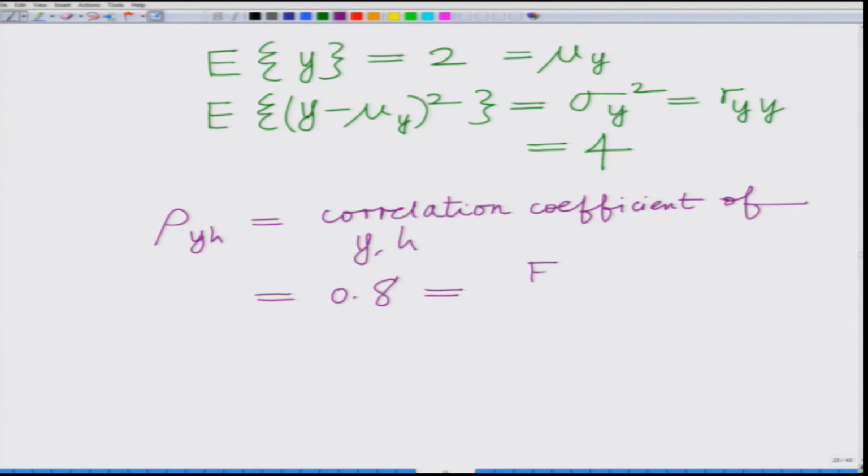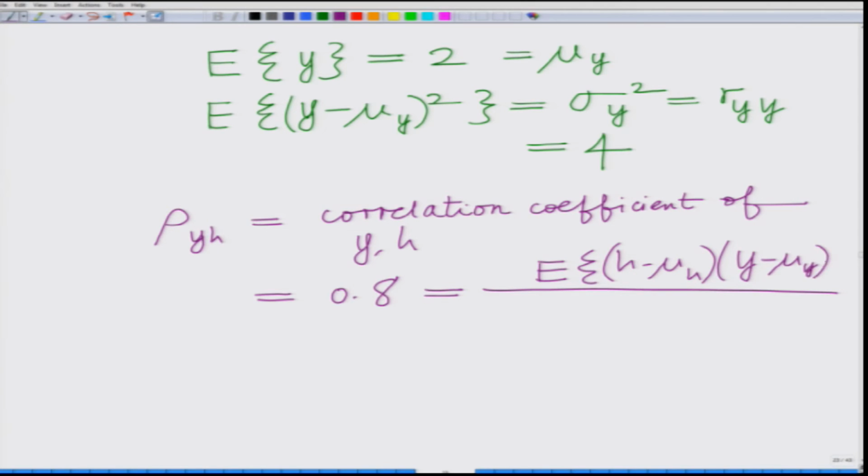Remember, the definition of the correlation coefficient is the expected value of, let me write it properly, h minus mu h times y minus mu y, divided by sigma h into sigma y, in the scalar scenario. Now from this correlation coefficient, I can derive the covariance.